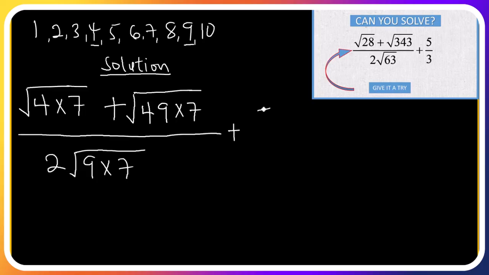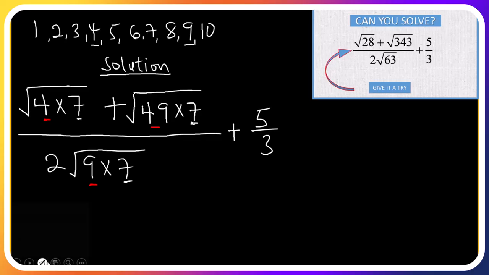Now the trick in this is that there should be a number which is constant in each of the surds. Looking at this, we have 7, we have 7, we have 7, and that number should be multiplied by a perfect square number. So we have 4 as a perfect square number, we have 49 as a perfect square number, and we have 9 as a perfect square number.